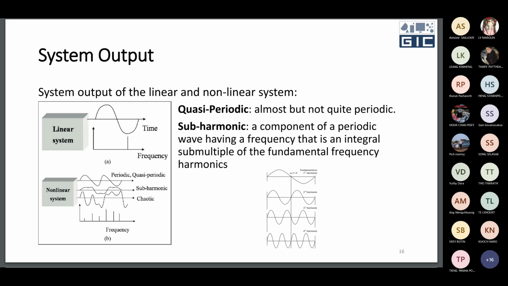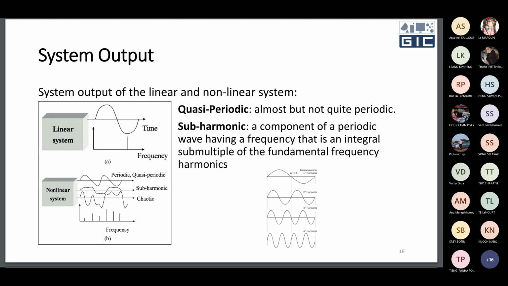And the other one is subharmonic. Subharmonic actually is just the integration of one signal to the other signal. As you see, a subharmonic is a component of a periodic wave signal that has a frequency that is an integral submultiple of the fundamental harmonic frequency. As you see with the harmonic signal, you have a big scale one, and then you scale it smaller, and then smaller again.